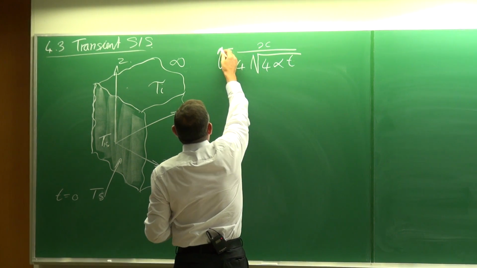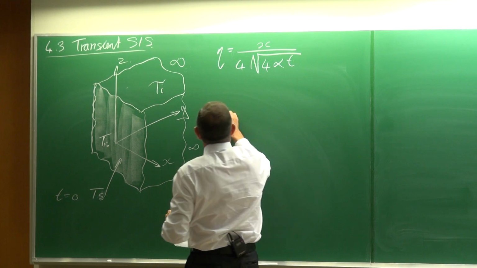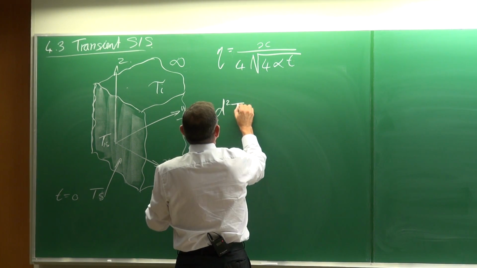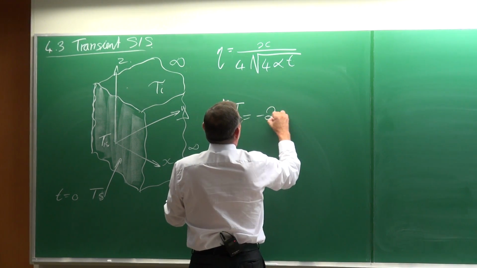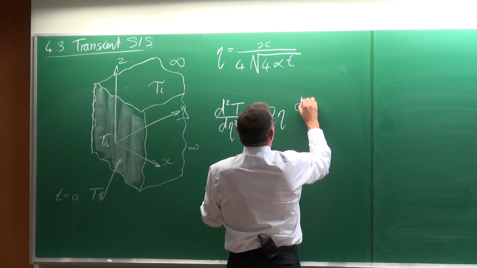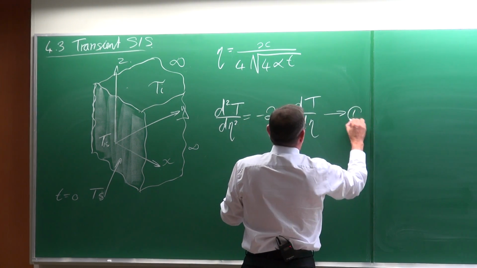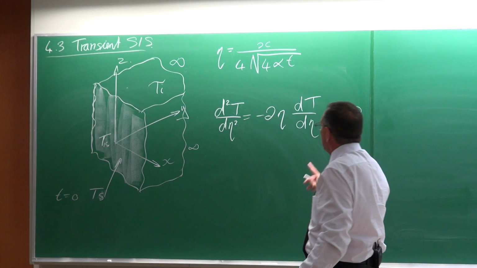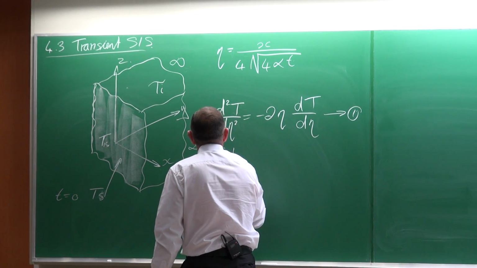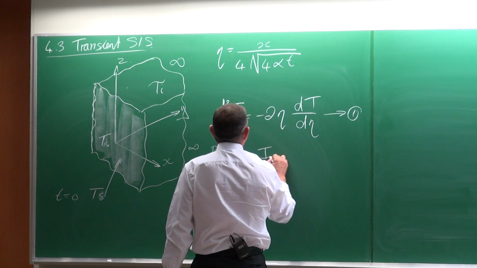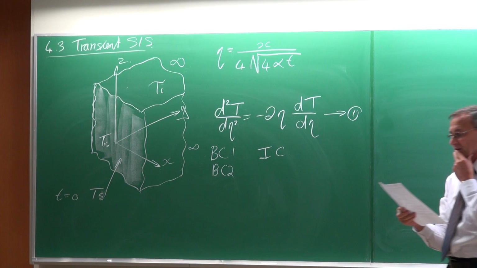And the reason we use that eta is the result is going to be an ordinary differential equation, which looks like this. Okay, equation 1. And by using boundary condition 1, boundary condition 2, as well as an initial condition, we can try to solve that equation.